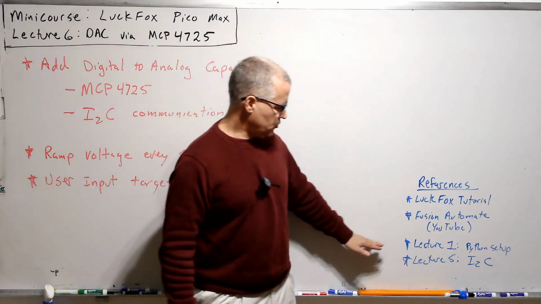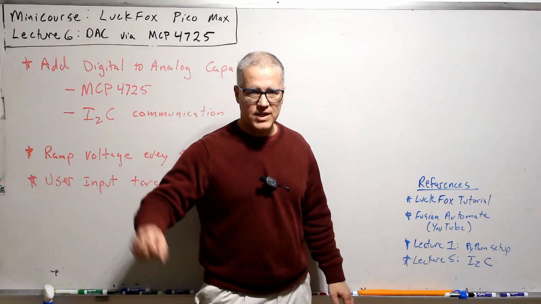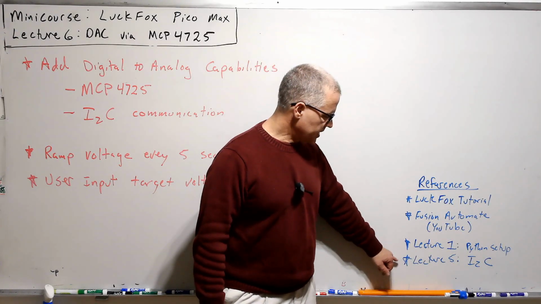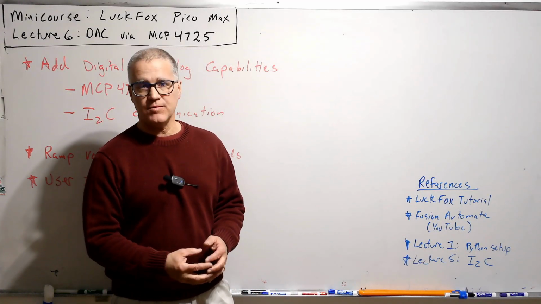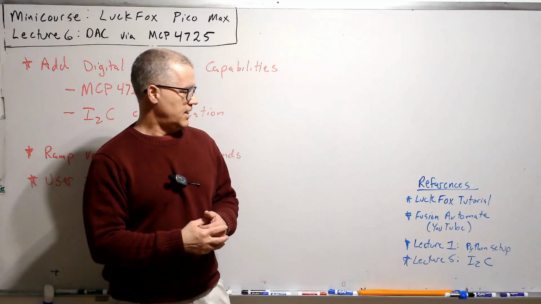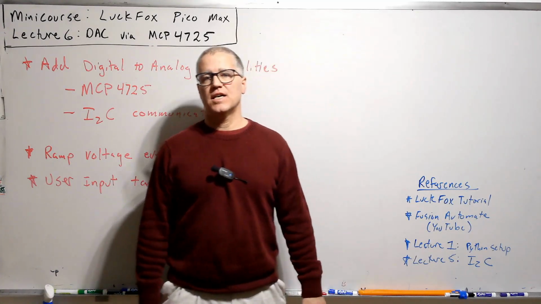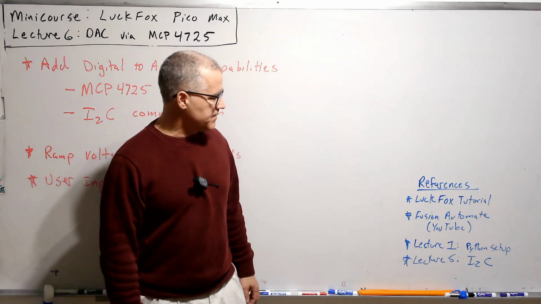Strictly speaking, we don't need too much of this, but there'll be some packages that we won't be explicitly installing in this lecture, but we've done so earlier. And likewise in lecture number 5, when we talk about I2C communication with an OLED. If you've already gone through these, then you're all set. This should just flow very nicely.